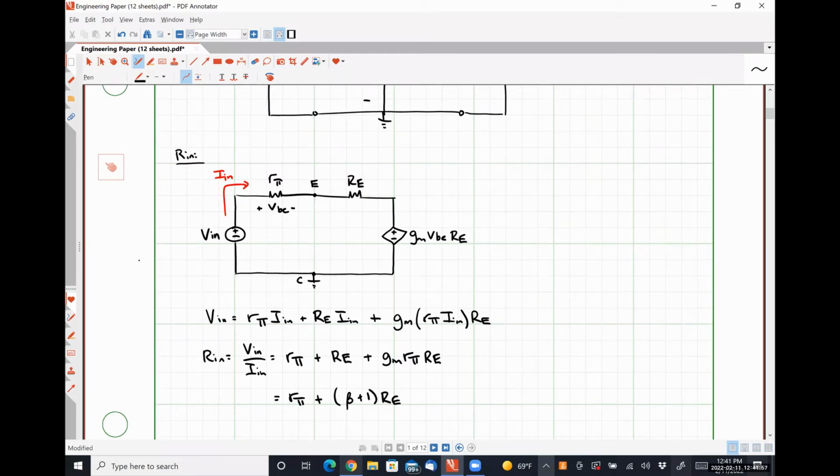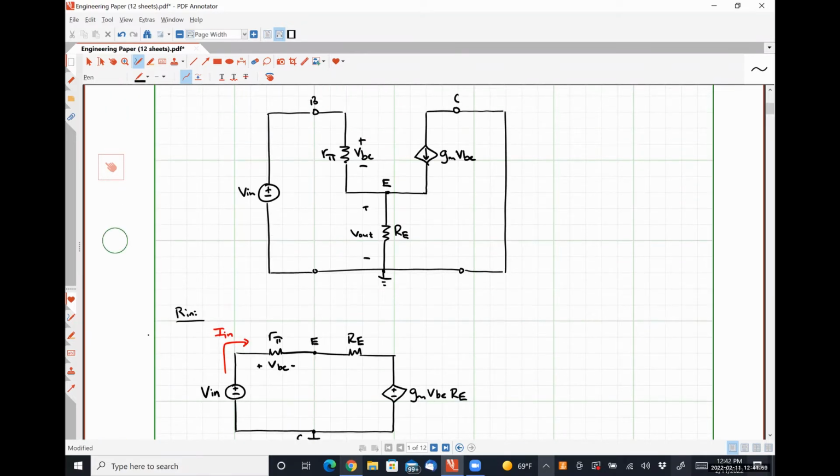Nobody is saying they're having difficulty, so let's look at this guy right here. When we determine our output resistance, what do we do? We short out the V in, and then we apply a test source at our output terminal, which means we're just going to have a test source applied across the terminals of this resistor RE. Okay?